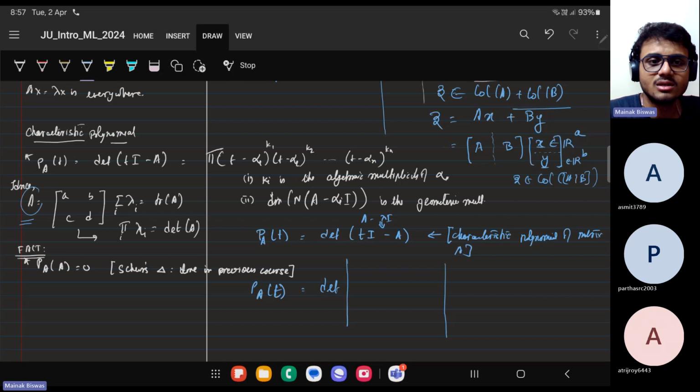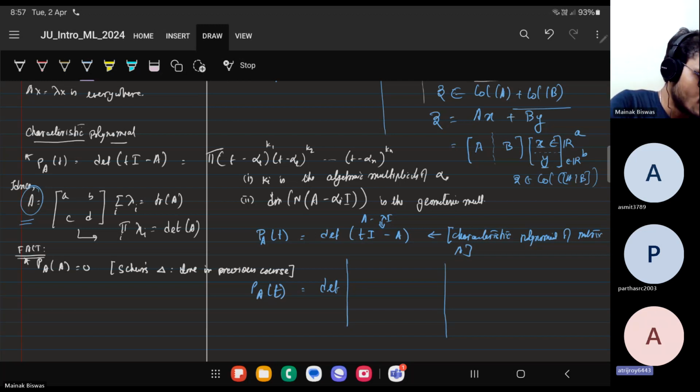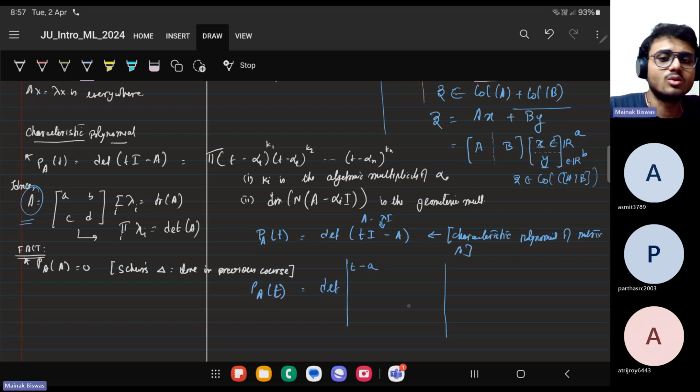Are you following? It will be t minus a, b, c, and t minus d. So in the diagonal elements we will have t minus a and t minus d, and then b and c.